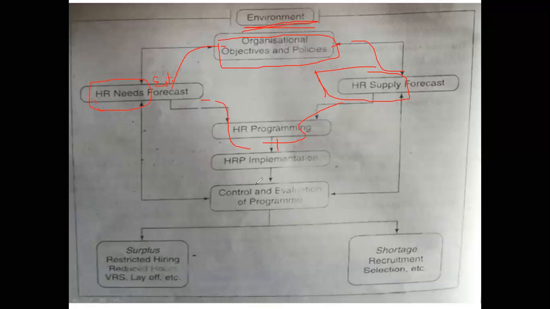All these actions will be covered in detail in the next chapter. Please remember them: recruitment, selection, succession plan, redundancy plan, retention plan, redeployment. These concepts we will learn in depth in the coming chapter.